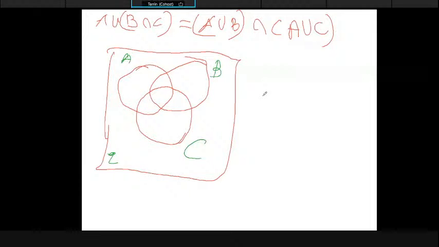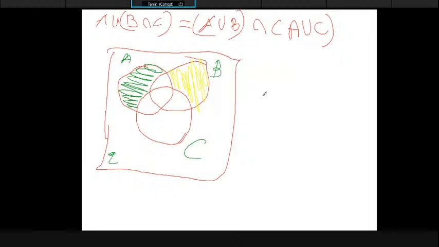So what are the components? This region exclusively refers to elements only found in A, but not found in B or C. Likewise, this compartment here represents all the elements that you can only find exclusively in B, and so on and so forth.